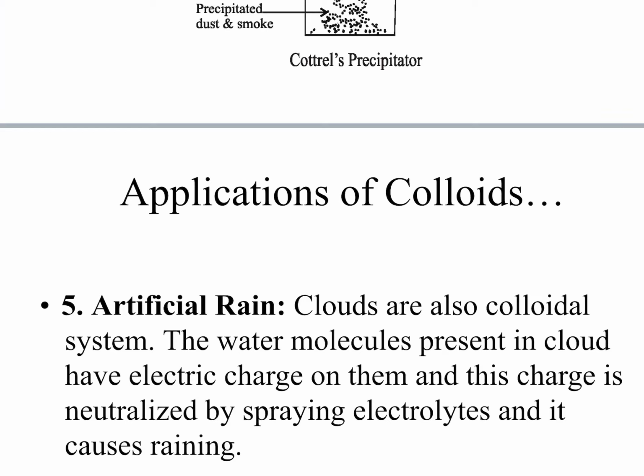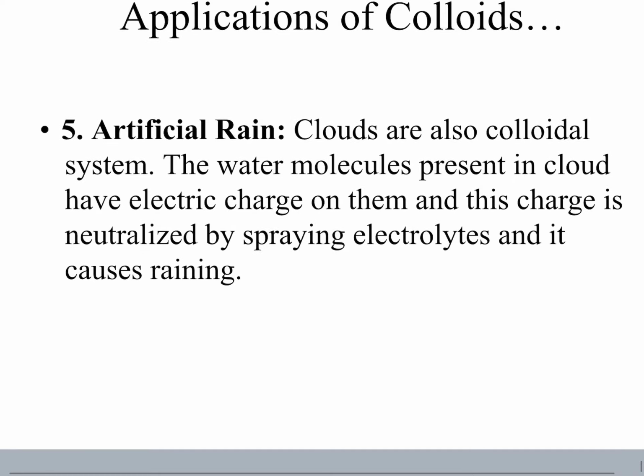To neutralize this charge, electrolytes like silver iodide are sprayed into the clouds from planes. So the charge on the water particles will be neutralized, they come together and precipitation occurs. This precipitation is nothing but your rain. Since it is taking place artificially, we call this artificial rain.